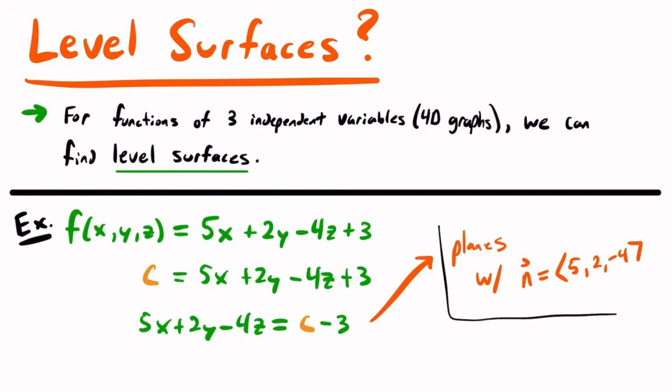Okay, so that would be the final answer to this example, where we want to describe the level surfaces of the function that represents a 4D graph. And so that's it. So you use the same process that we used for our level curves for functions of 2 independent variables. It's just that you need to identify a type of surface rather than a type of curve.